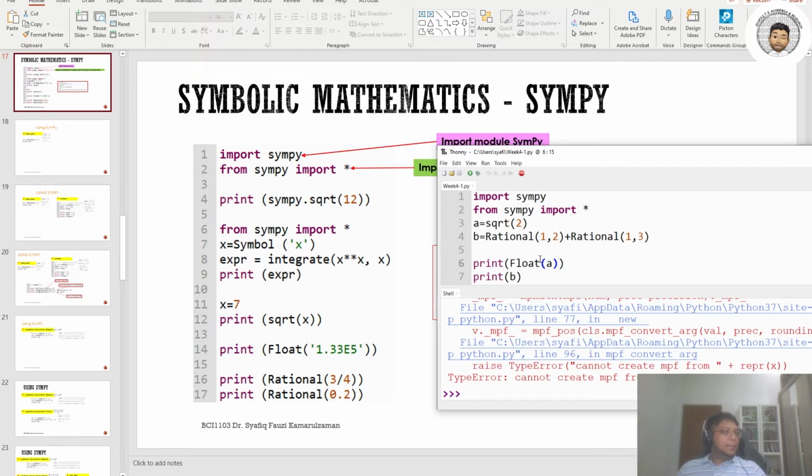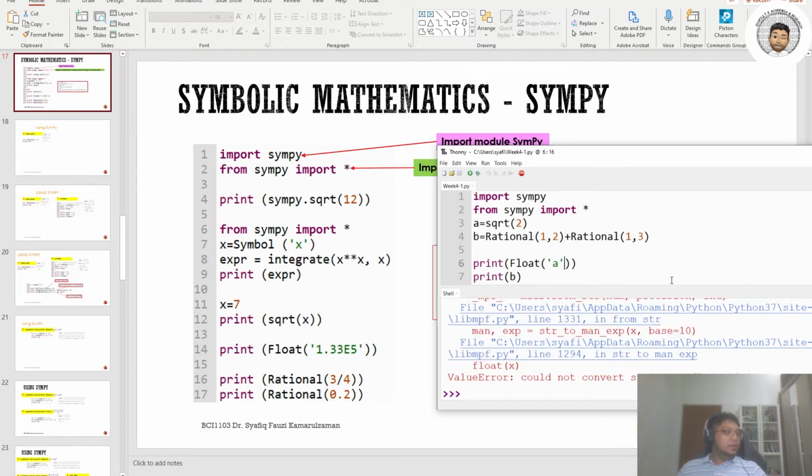Let's try like this. Is there any difference? I don't think there will be any difference. No. So let's try for 100 decimal. Usually we don't use this one, we just use this one.